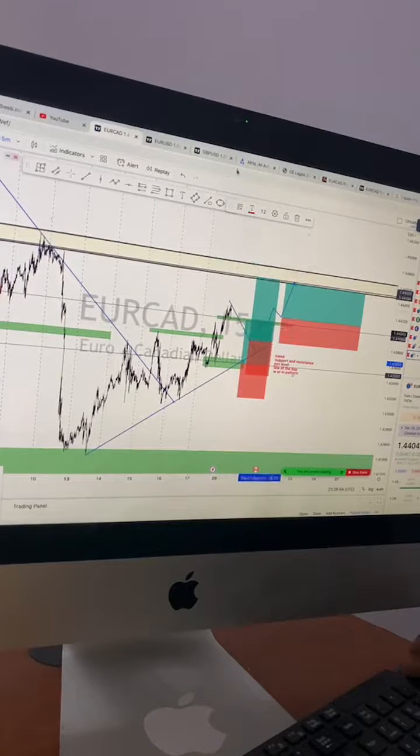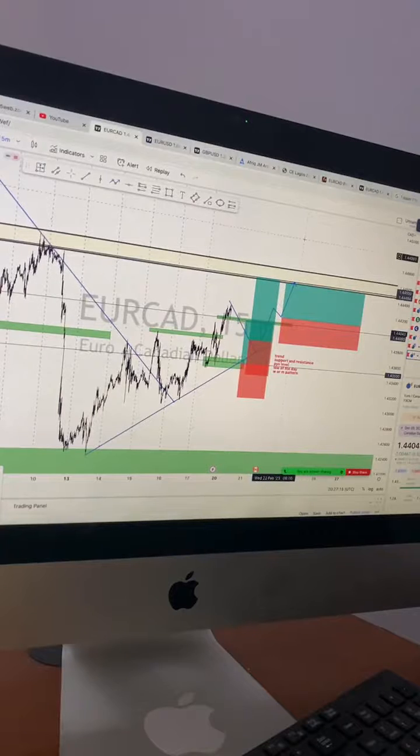Price comes, hits up, comes down, hits up, hits this level with an M pattern, a W pattern, shoots up, returns to this level, shoots up, returns to this level.